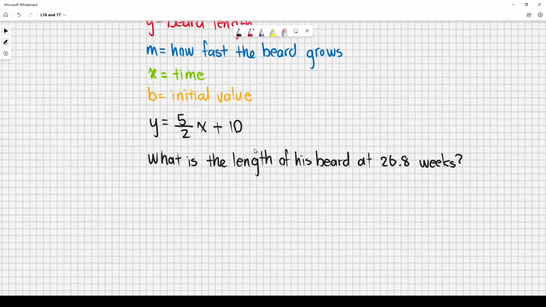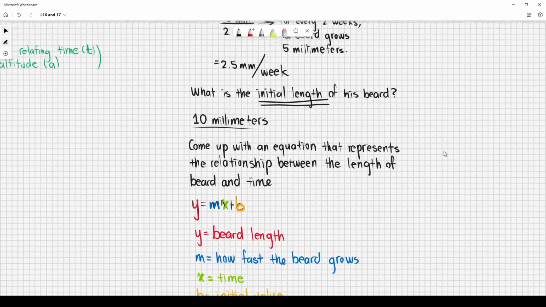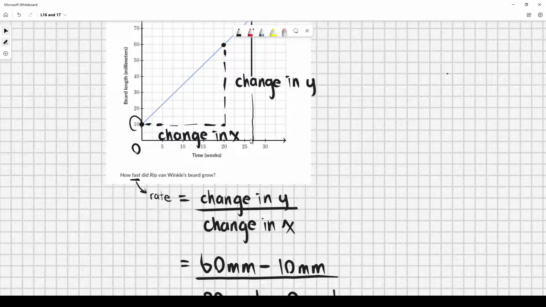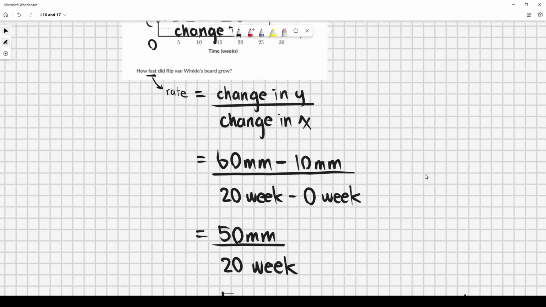So there's no way of knowing that just simply looking at the graph. You won't even know where 26.8 is. I don't know where 26.8 is.